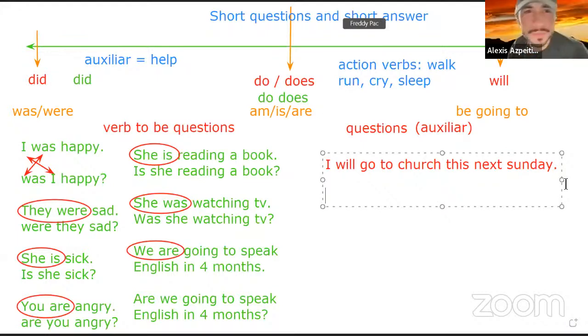What is the question, teacher? How to transform the future sentence in a question, in a future question. It's copy. The are, is or am.